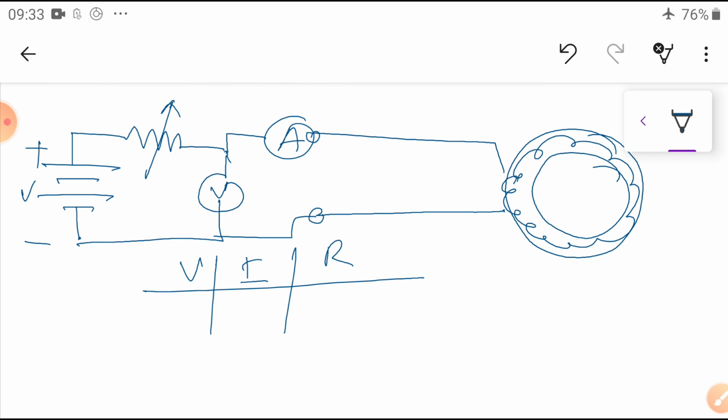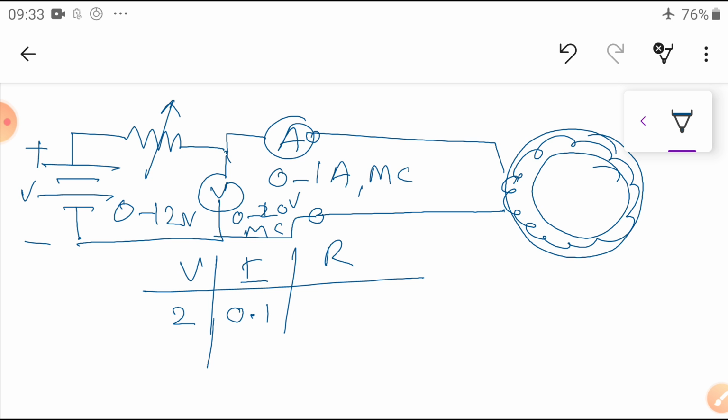Initially I give some voltage, for example in the 0 to 12 volts range. Give 2 volts. Correspondingly, you connect the 0 to 1 ampere MC meter, and for the voltage you can use 0 to 12 volts, or you can take the 20 volts MC meter. Now 2 volts you give, then what is the current? 0.1.